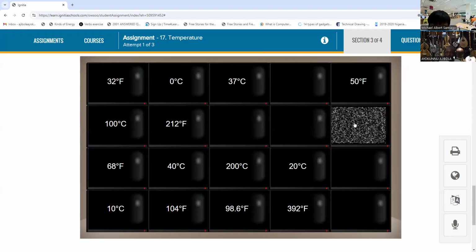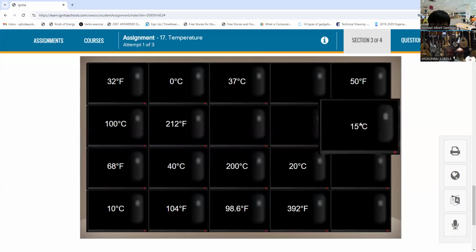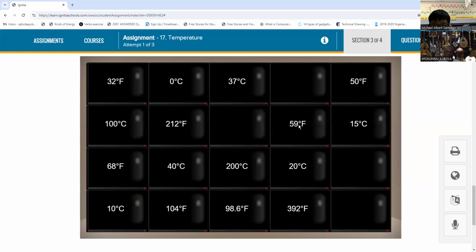Let's see this one. This is 15 degrees C. We saw 15 degrees C right beside, which is 59 degrees Fahrenheit.